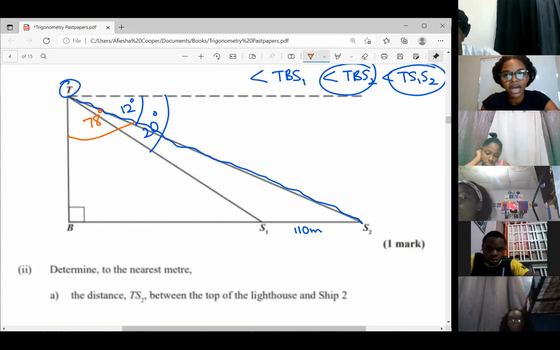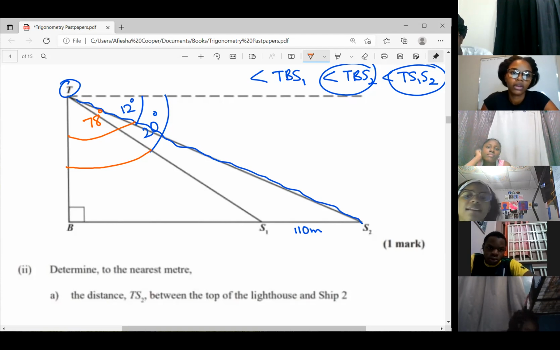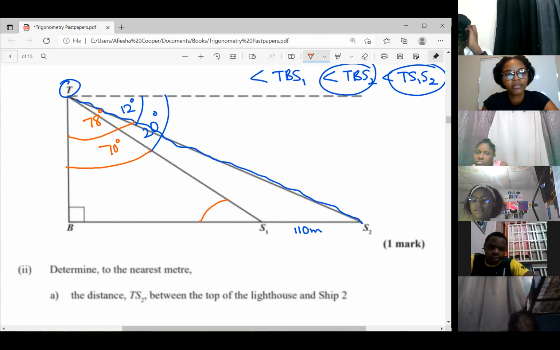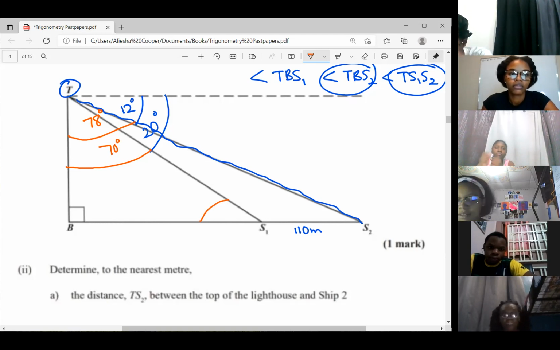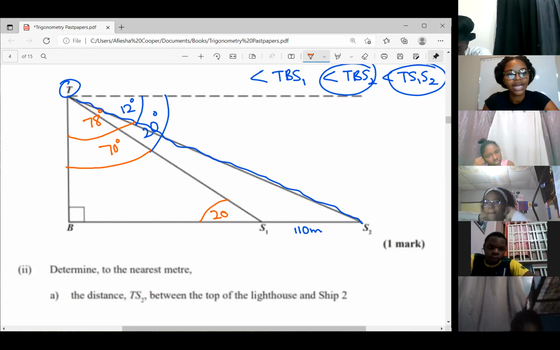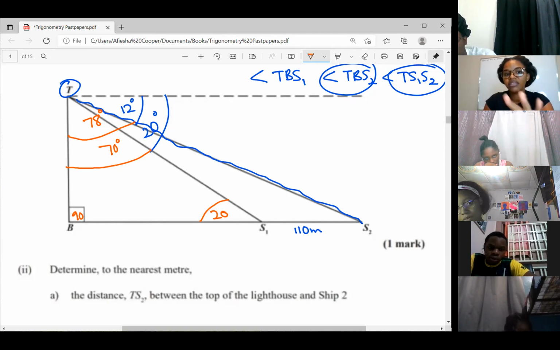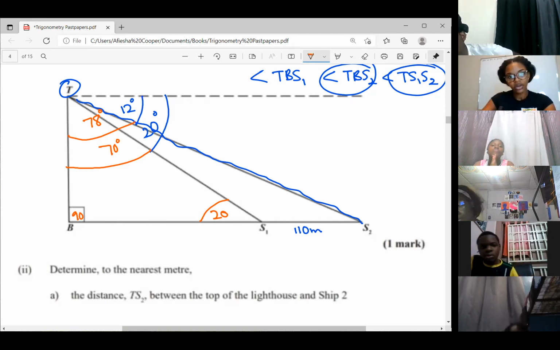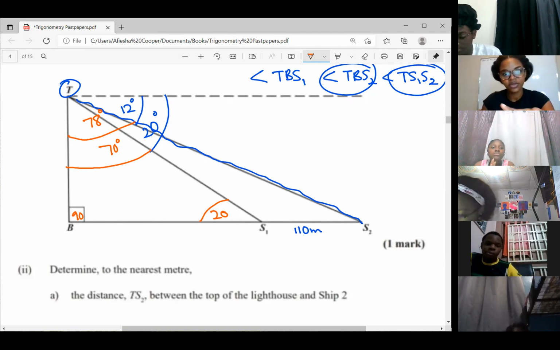And how much is here? 70. Nice. So how much would here be? 20. Why is that? Because this is 90, this is 70, 90 and 70 is 160 and 160 and 20 is 180. So we got all the angles for TBS1.